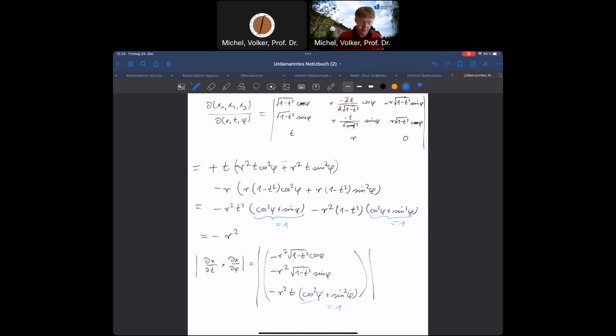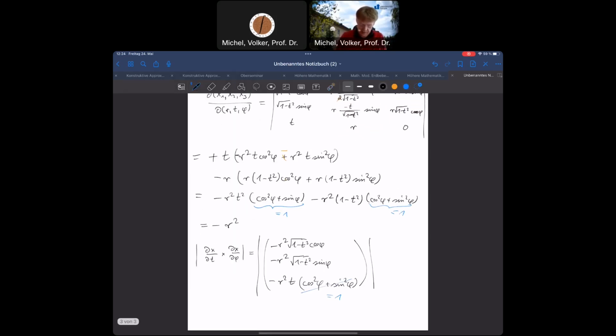Now, if you calculate the norm of this, it is not very difficult, because you have to just take the squares of this. If you take the square of that and the square of that, you have again common factors, which are r to the 4 and a 1 minus t squared. And then you get a cosine squared plus sine squared, which is again 1. So that was coming from the first two components, and the last one also has to be taken as a square, which is easy.